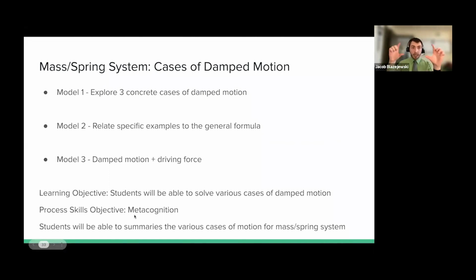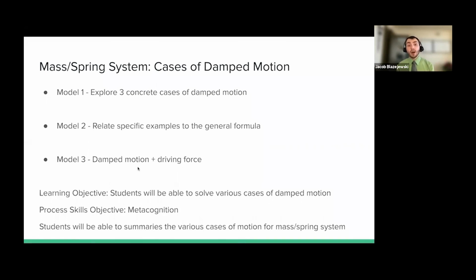With this differential equation, there are a lot of different cases that can fall out depending upon what's involved in your system and your assumptions. So I want students to be able to summarize all of them. For the POGIL activity, I think I would focus it on damped motion and exploring the critically damped, overdamped, and underdamped cases, with some concrete numbers first, then more generally, okay, what does this mean in the sense of the formula?